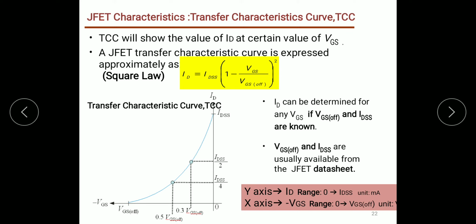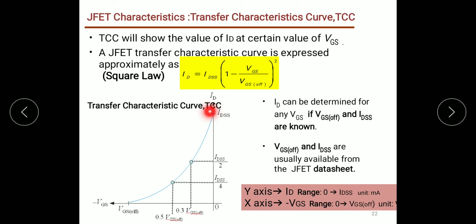Now the next characteristic is the transfer characteristic. This transfer characteristic curve is drawn by plotting VGS, that is gate to source voltage, on the x-axis. We know that it is always in reverse bias condition, so it will be plotted in the second quadrant where VGS is negative, and ID on the y-axis.